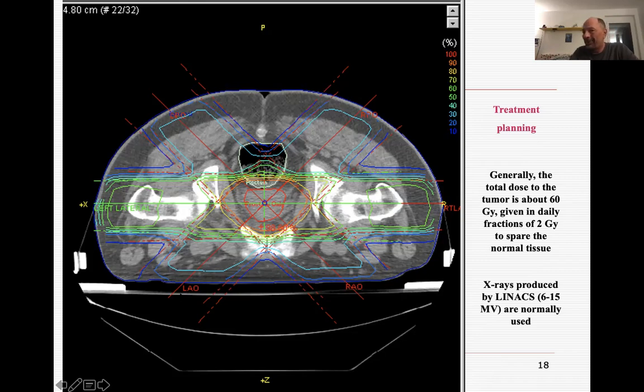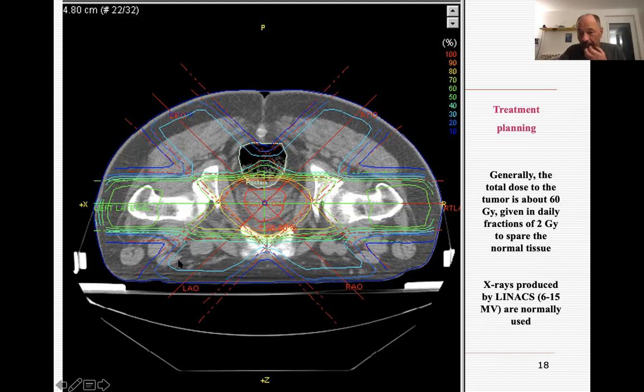But this is impossible because if you have teletherapy, you need more beams, and then you see these other colors correspond to 90%, which is here, around the crossing of the beam, you will have 90%, 80%, and then you have also in the entrance channel 70%, 60%, 50%, and then these blue regions are 20%, 10%.